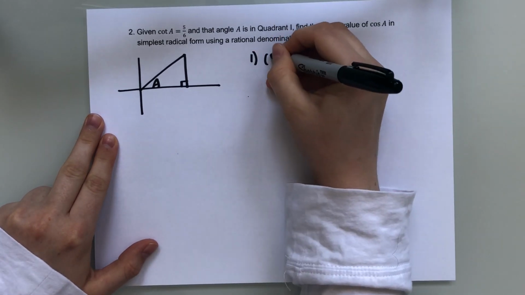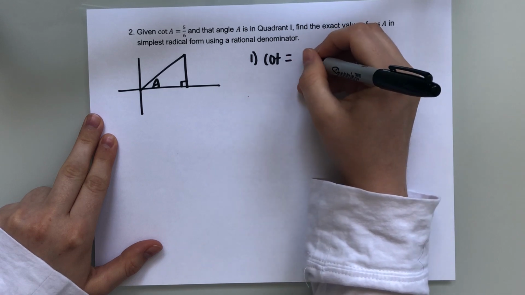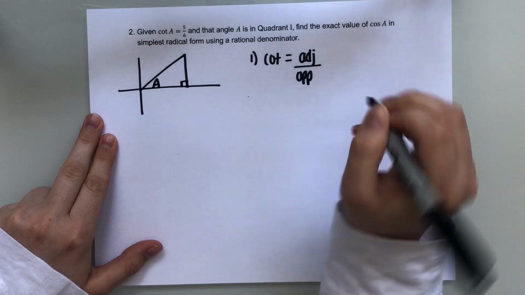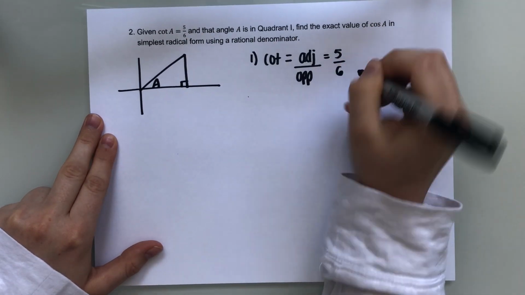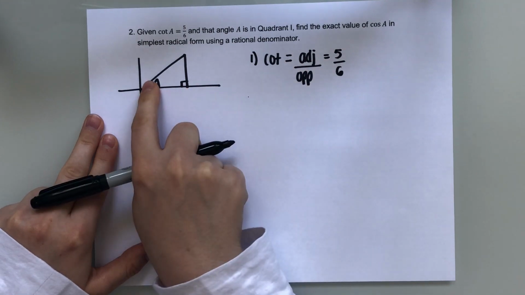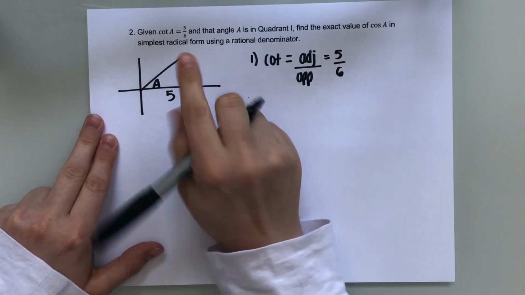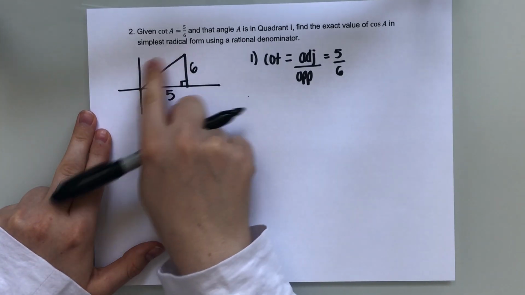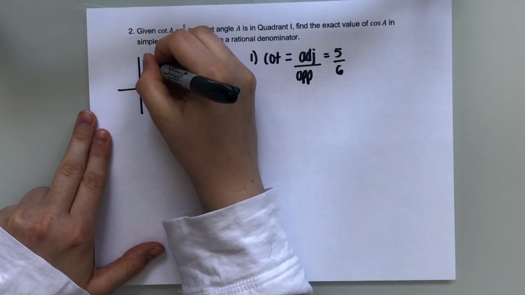So we know that the cotangent equals adjacent over opposite. And in this case, they told us it equals 5/6. So our adjacent side to angle A is down here, that's 5. Our opposite side to angle A is over here, that's 6. We need to figure out what this is. That's the hypotenuse of this triangle. So we're gonna let that be C.